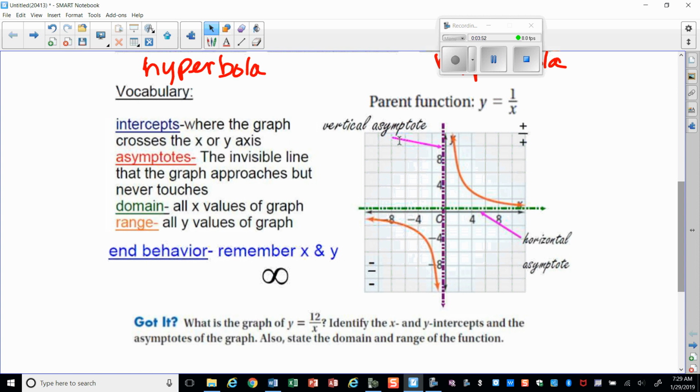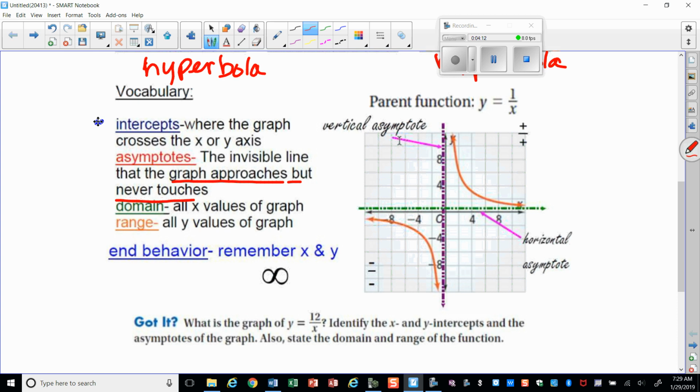You have intercepts, which we already know, where the graph crosses the x or y. This is our new word, asymptotes. An asymptote is an invisible line that the graph is approaching, but never touches.